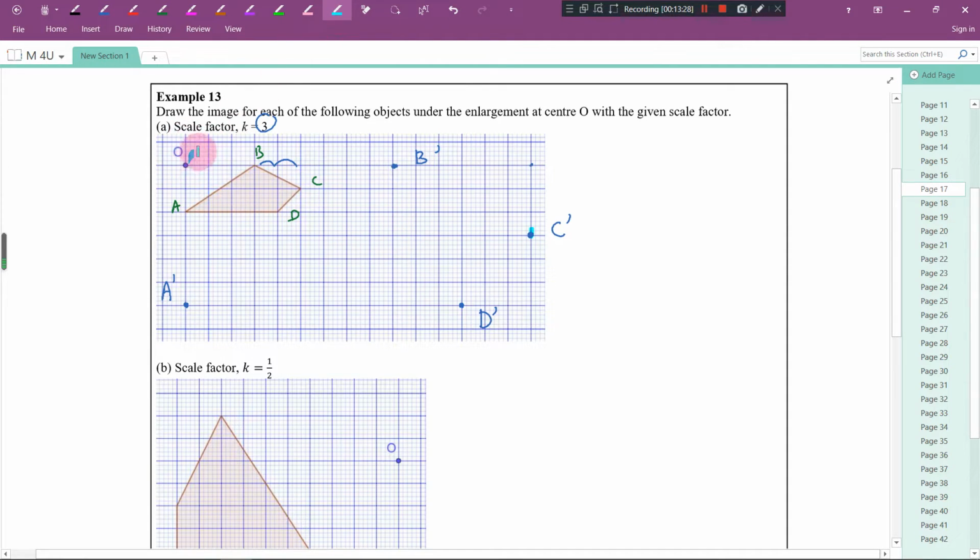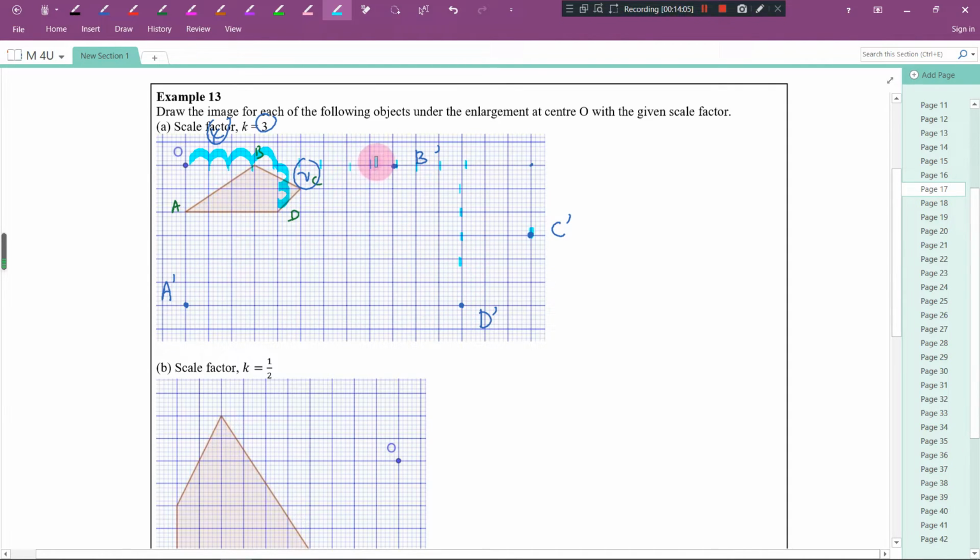Let me count again. 1, 2, 3, 4. Then 1, 2. 4, 2. The scale factor is 3, it will become 12, 6. 1, 2, 3, 4, 5, 6, 7, 8, 9, 10, 11, 12. 1, 2, 3, 4, 5, 6. You will get exactly the same position.